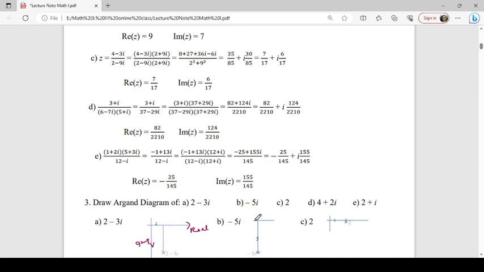Similarly, minus 5i comes from 0, so it is only in this direction. This is 2, this is also a complex number. 2 means 2 is 2 plus 0i. Similarly, minus 5i is equal to 0 minus 5i. So this is the way of drawing Argand diagram.